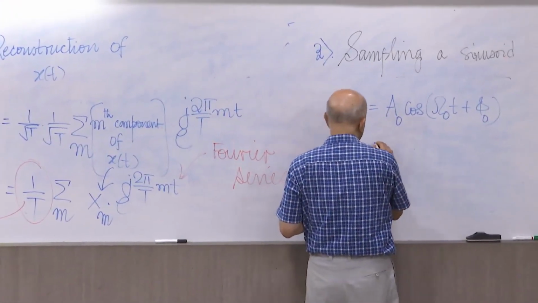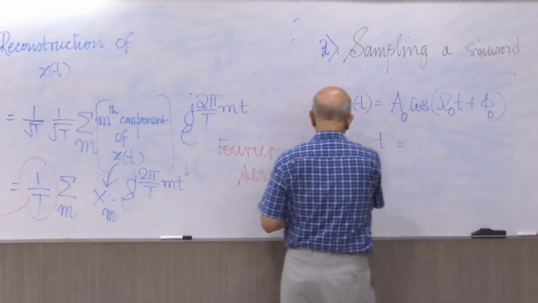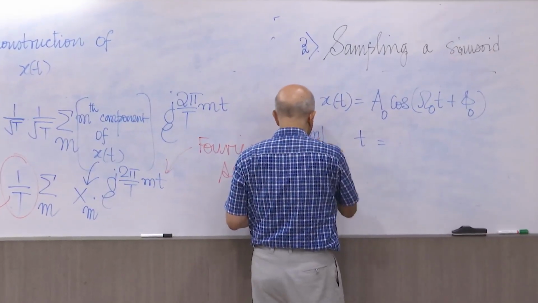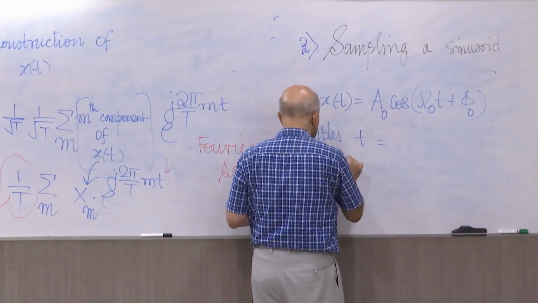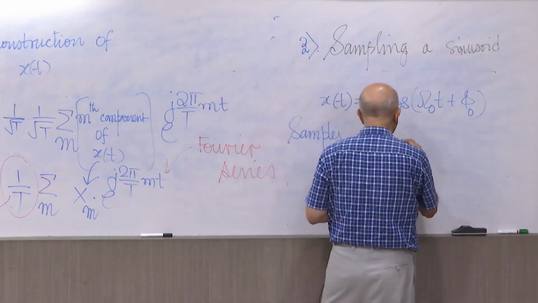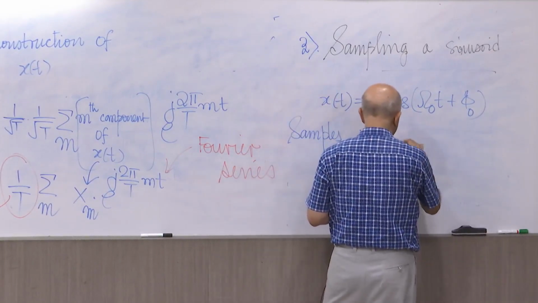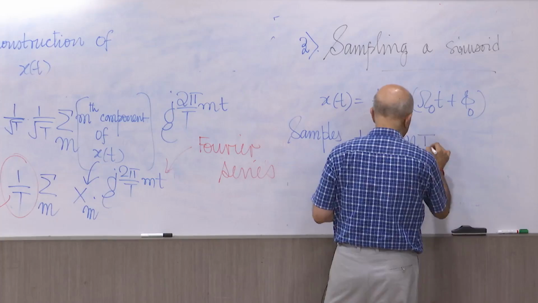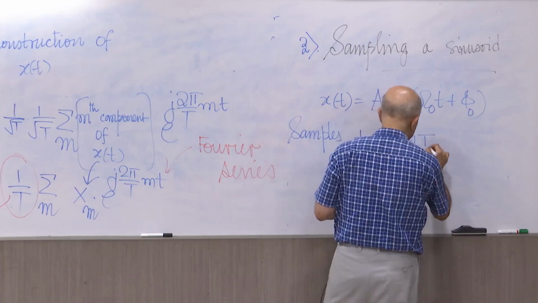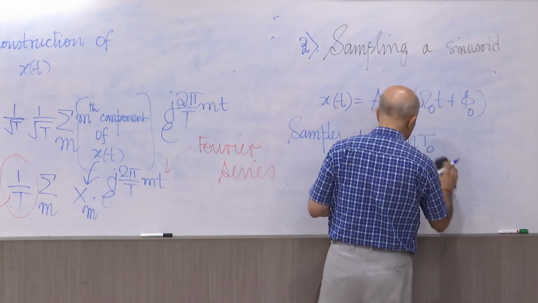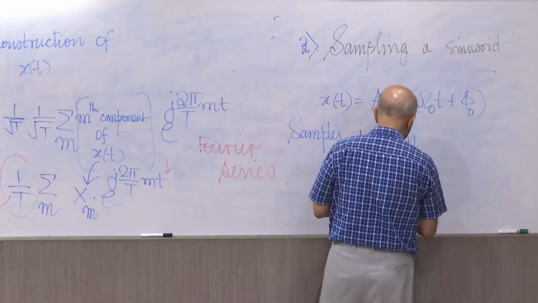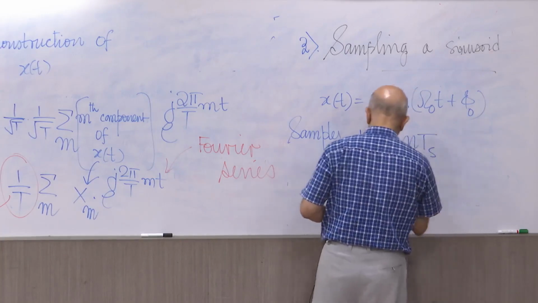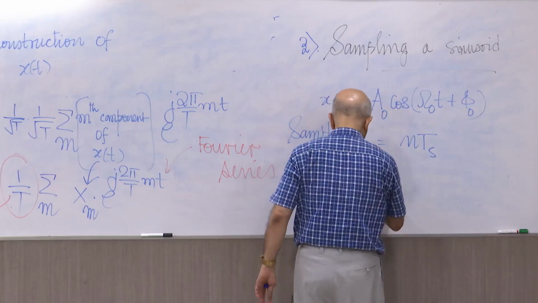So let's say we take samples at t equal to n times Ts, where Ts is the sampling interval.